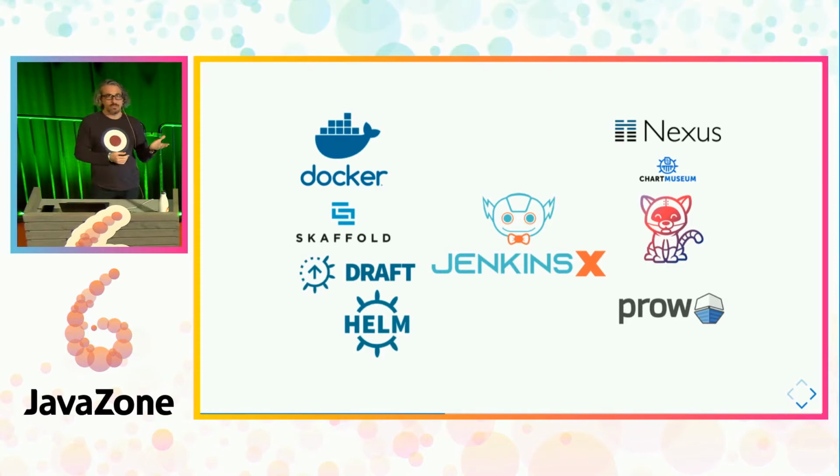So it obviously uses Docker for containers. It uses Skaffold, that is an open source project by Google that allows you to abstract how you do Docker image builds. Draft is a project from Microsoft that allows you to generate scaffolding for your projects.